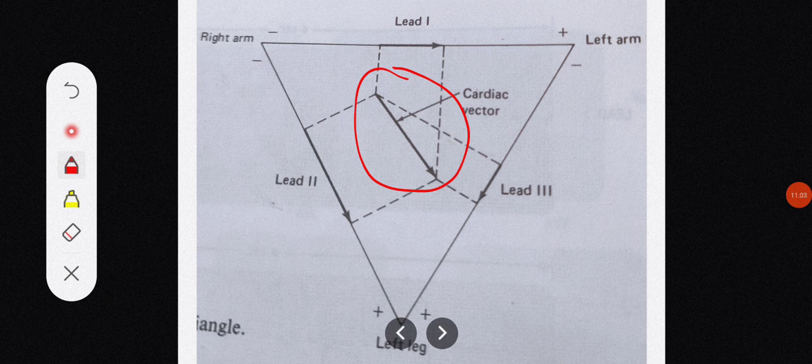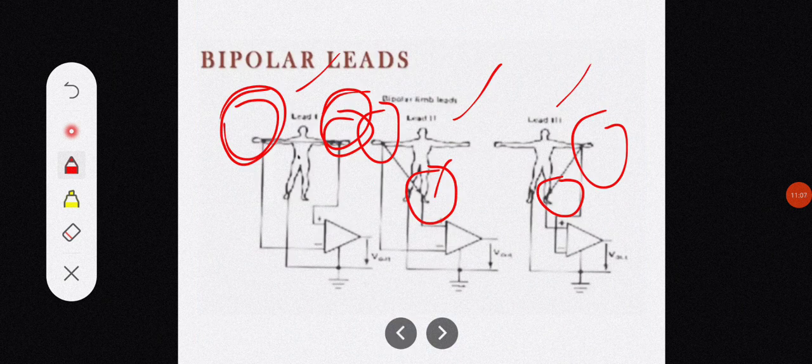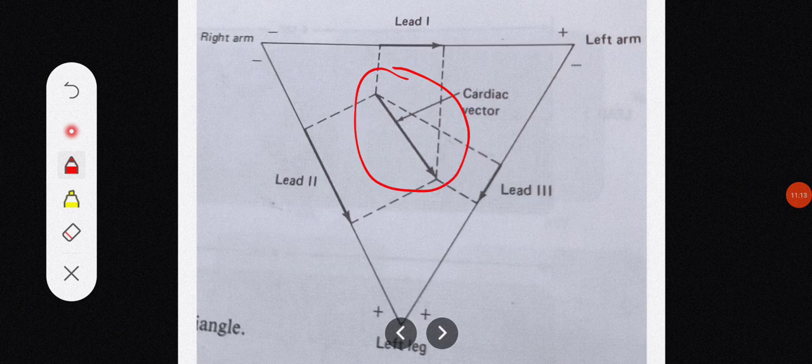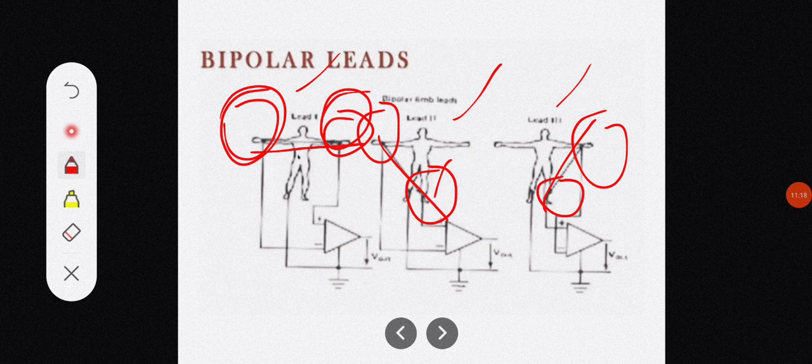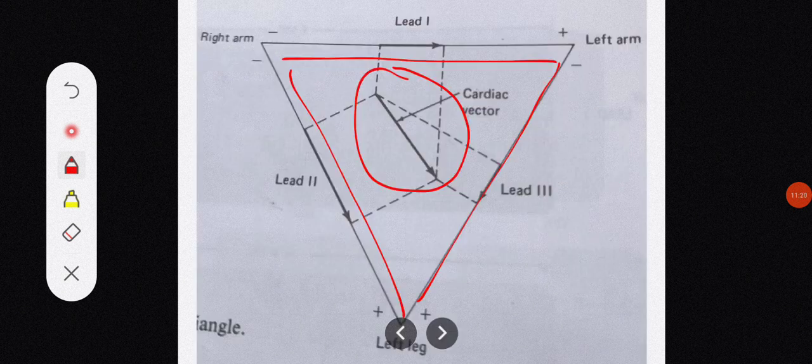Now here I have shown the limb leads: lead 1, lead 2 and lead 3. Joining these, the triangle that we get is the Einthoven triangle, and this is the cardiac vector.